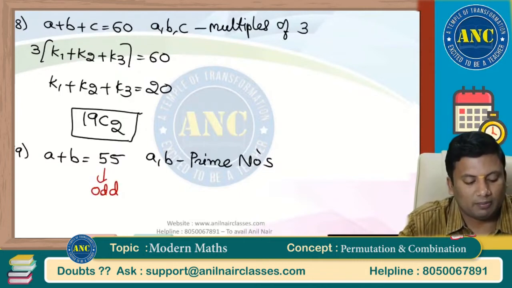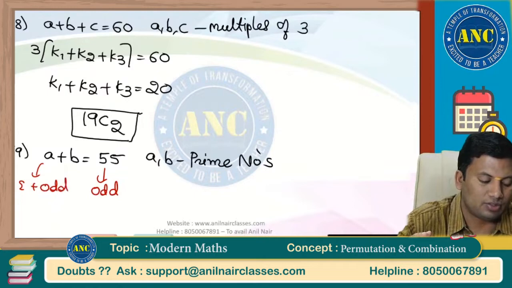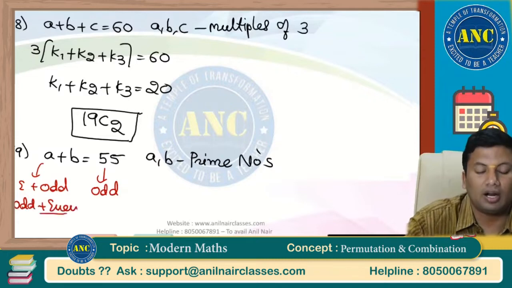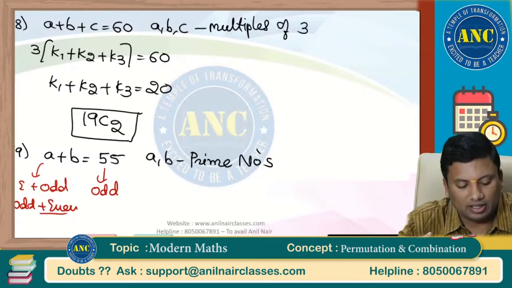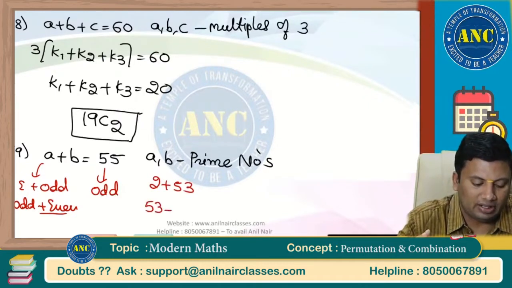So for the sum of two prime numbers to be an odd number, definitely one has to be even and the other odd. Even plus odd or odd plus even. So the answer is 2 plus 53 or 53 plus 2.